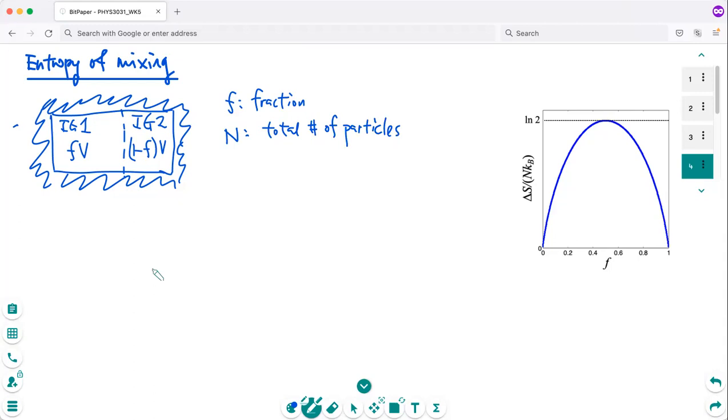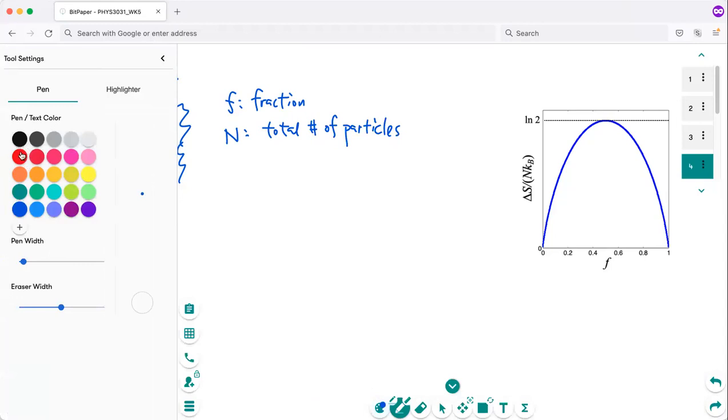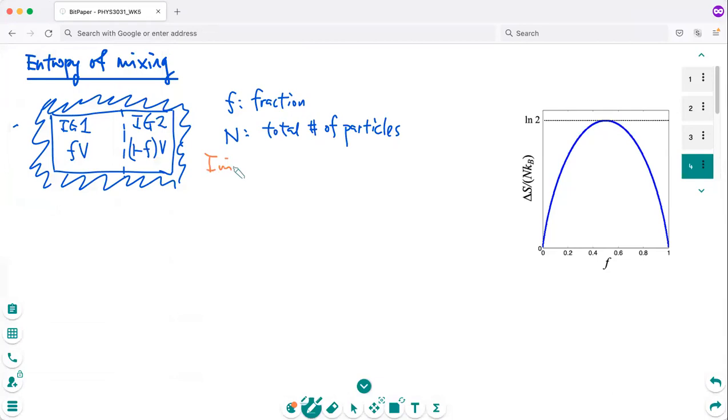I prepare the experiment such that the temperature and pressure on both sides are the same.